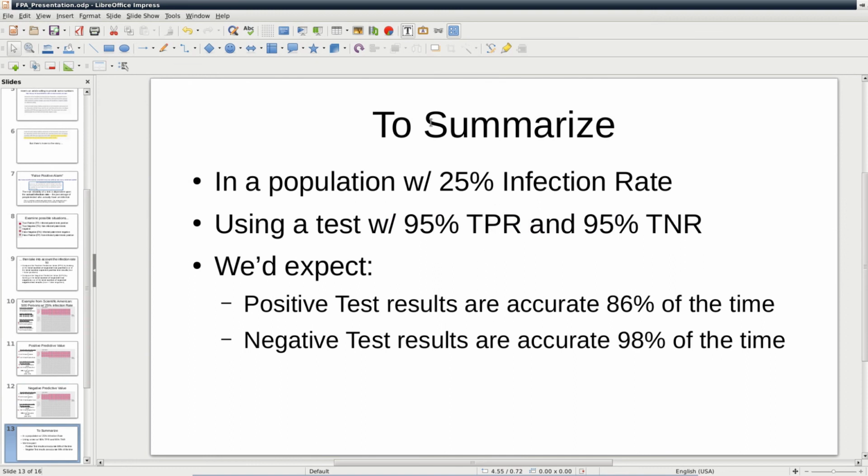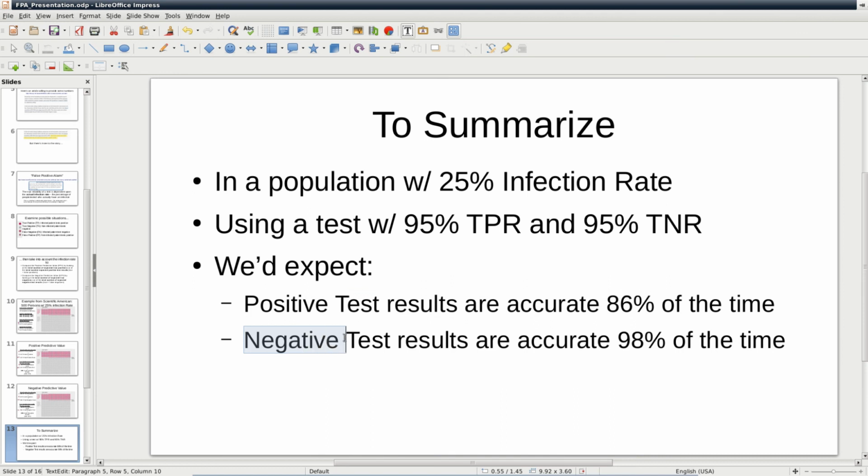Anyway, to summarize our example, we had a population with 25% infection rate. 25% of the people in our population were actually infected. We used a test that had 95% true positive rate and 95% true negative rate. With those parameters, we expect that a positive test result is going to be accurate 86% of the time, so it'll have an 86% positive predictive value.